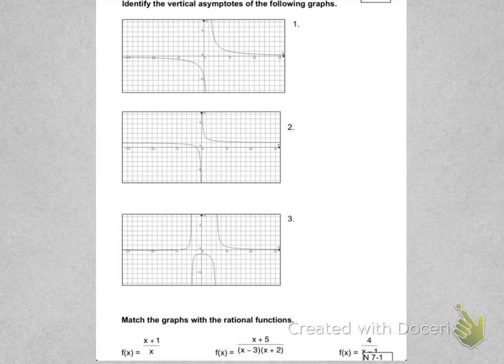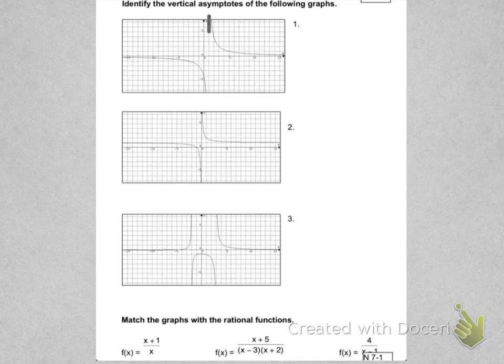All right, now looking at these graphs, it says identify the vertical asymptotes of the following graph. So we have to figure out where the line is that these graphs approach but don't touch.